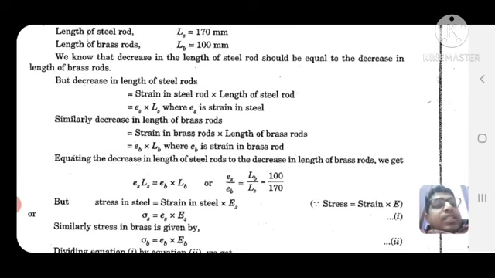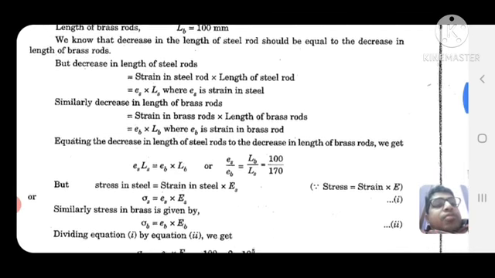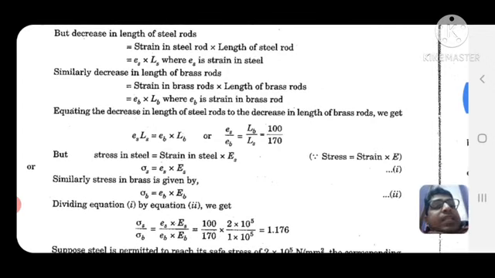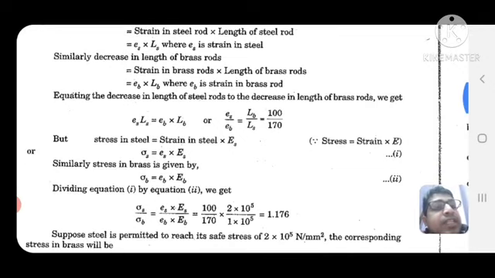The decrease in the length of the steel rod should be equal to the decrease in length of the brass rod. The decrease in length of steel rod is equal to strain in steel rod multiplied by length of steel rod, that is epsilon S into LS, where epsilon S is the strain in the steel.